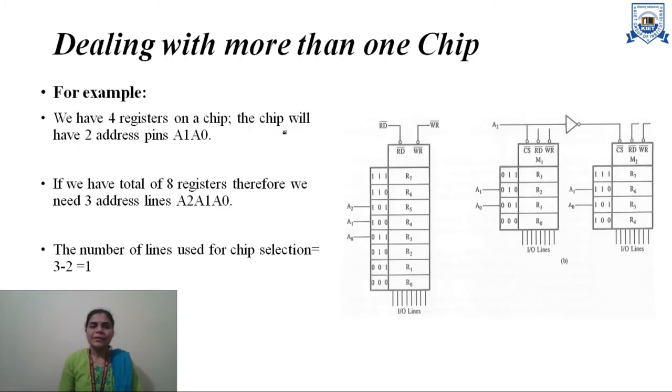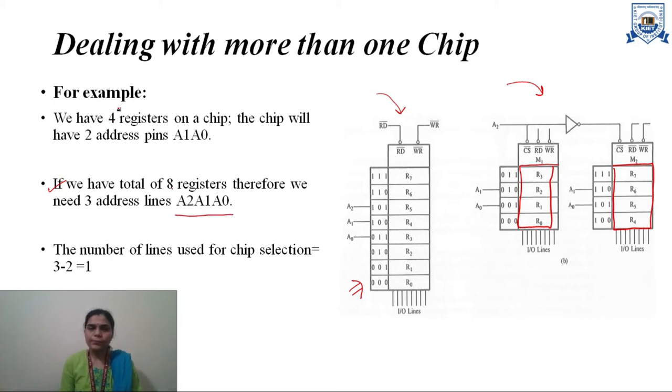Now, dealing with more than one chip. Suppose we need 8 registers. According to the 8 registers, we require 3 address lines, A0, A1, A2. If we have 4 registers on a chip and 4 registers on another chip, then how do we configure 8 registers? For 8 registers, 3 address lines will be there.